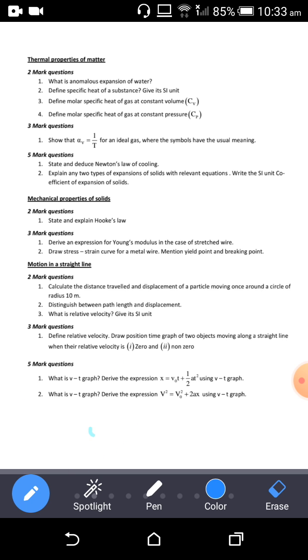You can expect some questions apart from these in the test. Hence I recommend you people to study the whole chapter, whole notes, to score good marks.